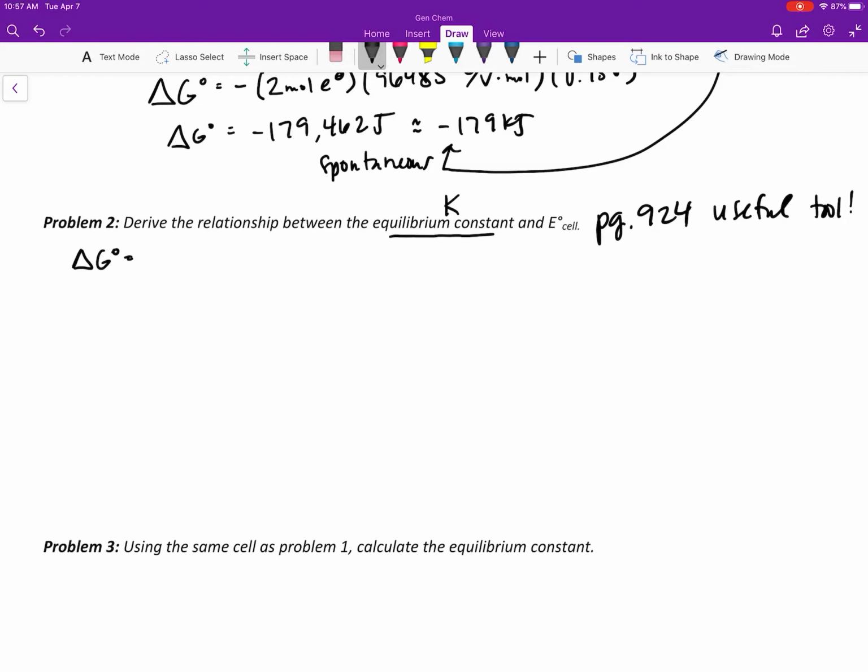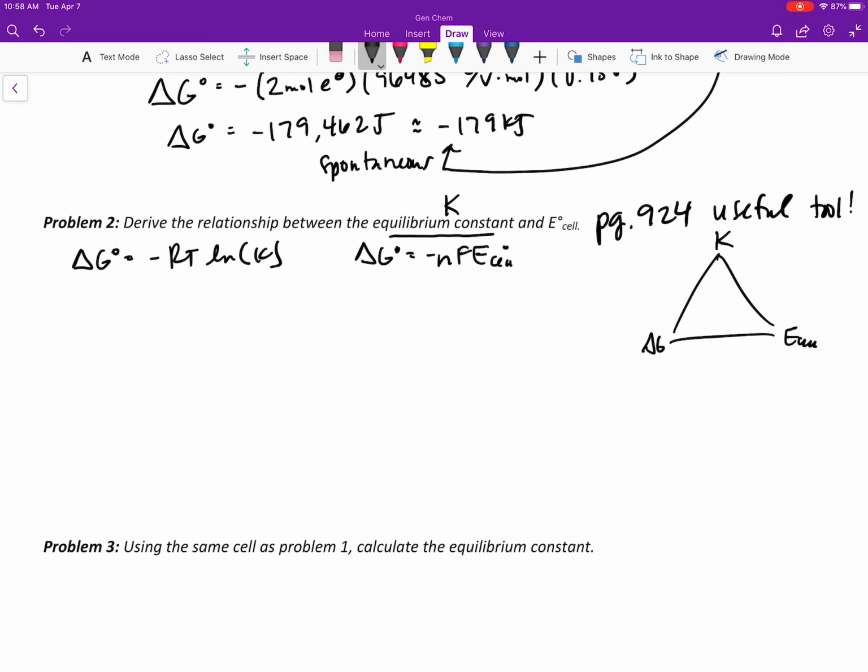The only thing is that this book that I got that page number from was the first edition, and now there's a second edition out, so I'm not 100% sure if it's exactly on the same page, but what it is there is a triangle, and it relates K, delta G, and E cell naught. So that's the useful tool that I'm hoping that you'll go look at if you are unsure.